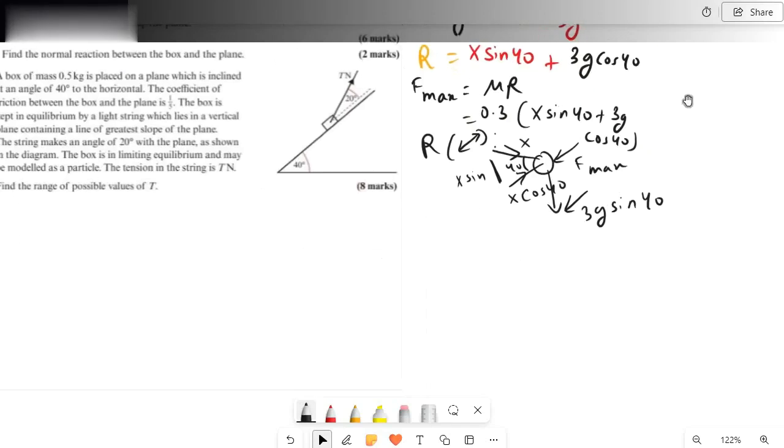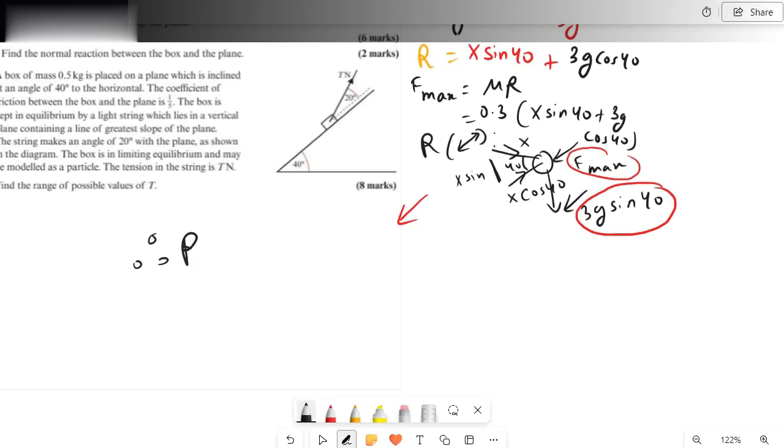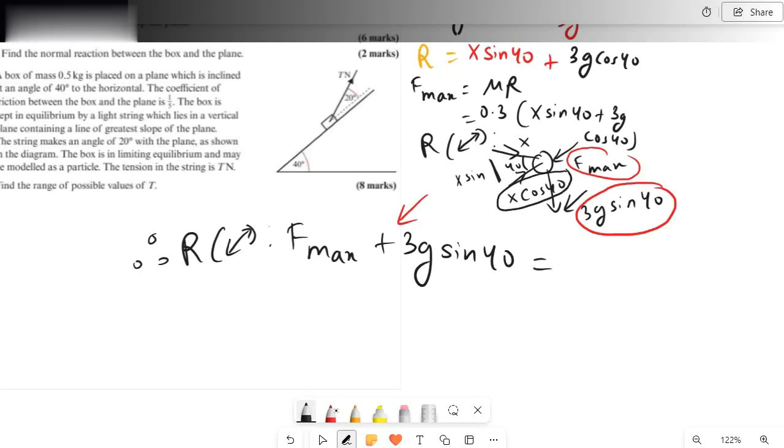So if we look at all of the forces in this direction, we have 3g sine 40 and F max. So resolving parallel to the plane, F max plus 3g sine 40 is equal to the upward force parallel to the plane, which is x cos 40.